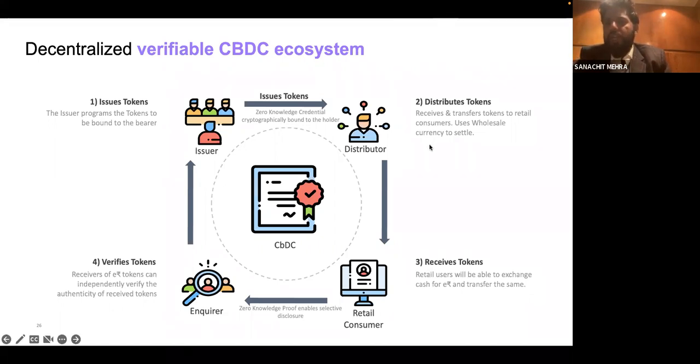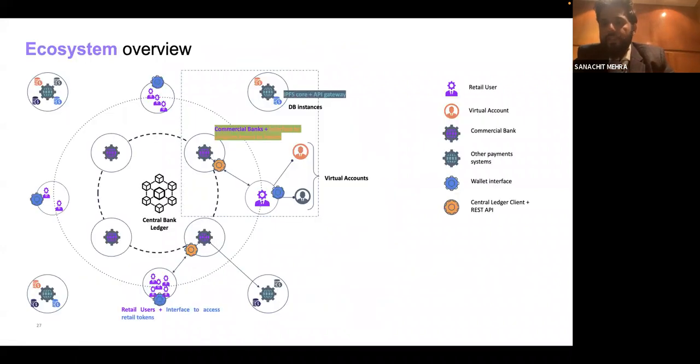To take a very quick look at what this kind of an ecosystem would look like, Shashank, next slide, please. Yeah. So whether or not we're talking about a retail or a wholesale CBDC, the ecosystem is actually pretty clear. So you would have a central bank setting up the ledgers somewhere in the middle, and then you would have your commercial banks who would be interacting directly with the central bank, right?